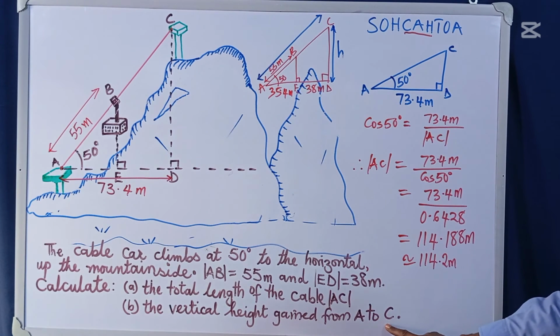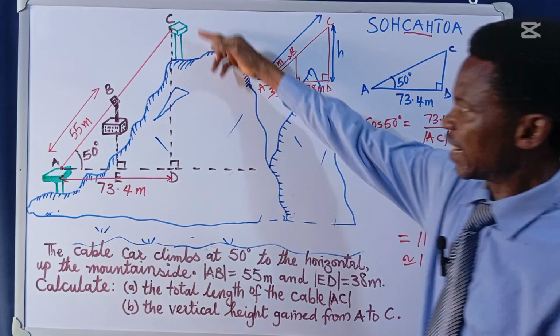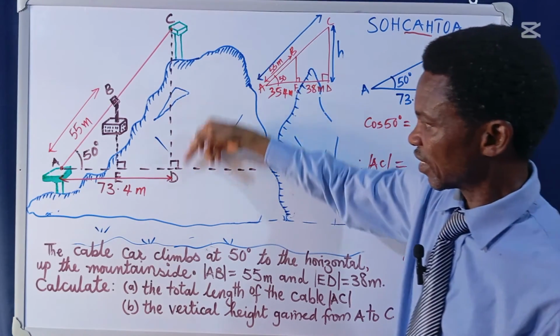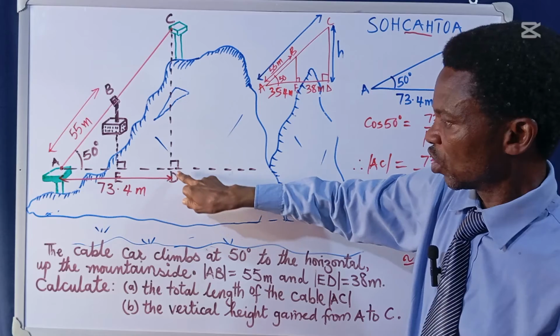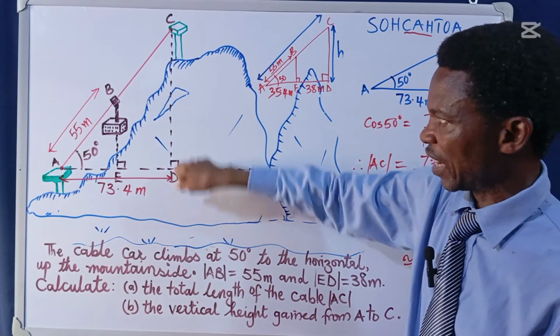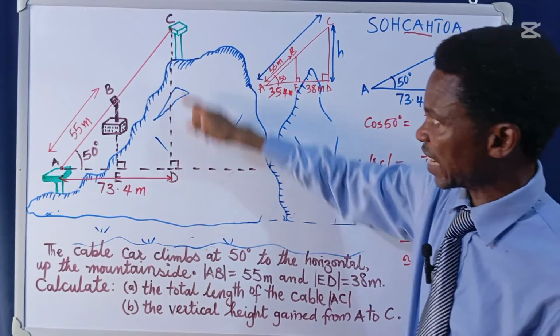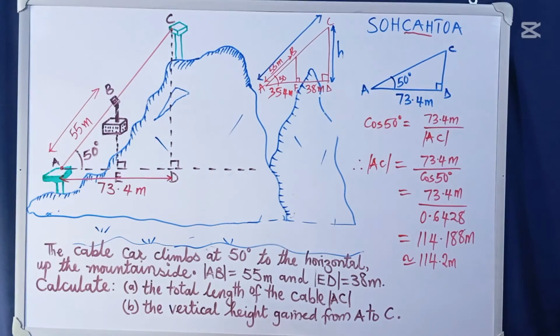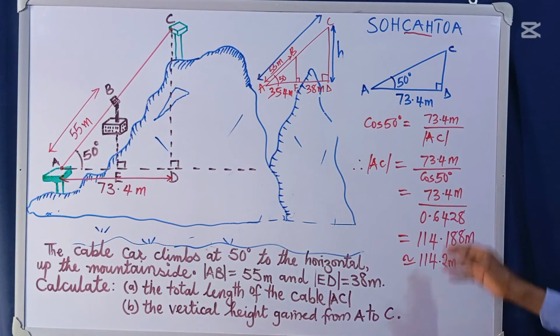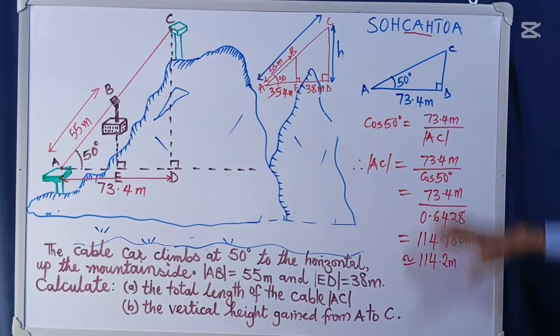So let's get the B part of the question, which is calculating the height vertically from the top of the mountain to the horizontal base, a perpendicular line that connects the top to the horizontal line at the bottom. So let's look at that. So let's remove this part.